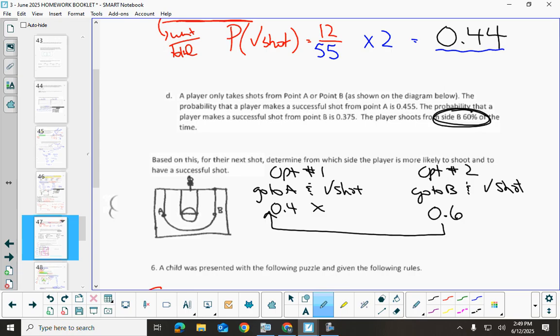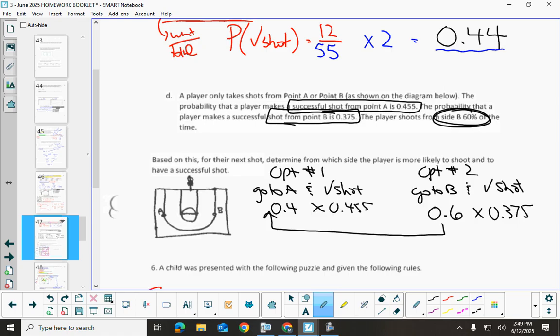On the A side, they are successful, 0.455. And means times. On the B side, they are successful, 0.375.